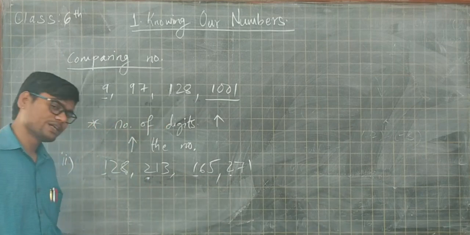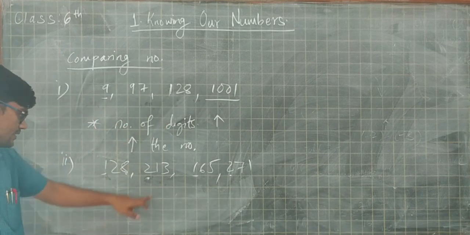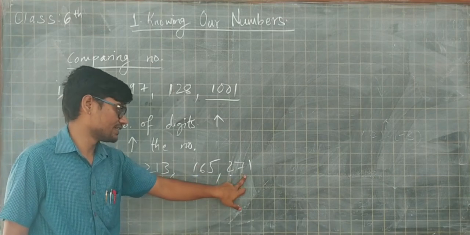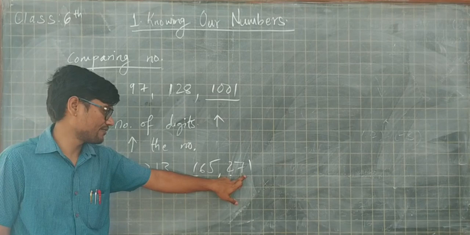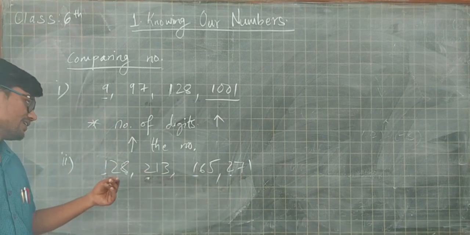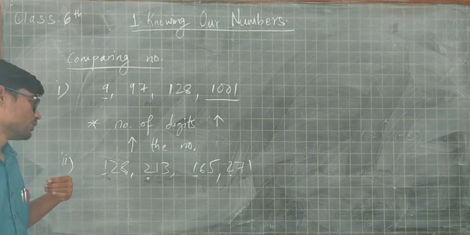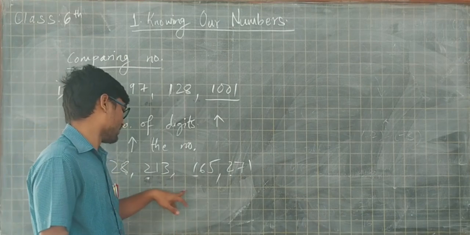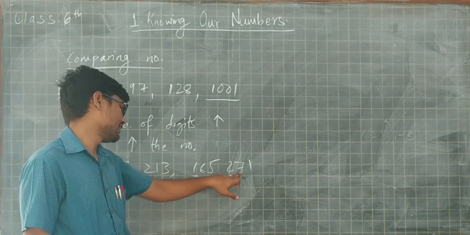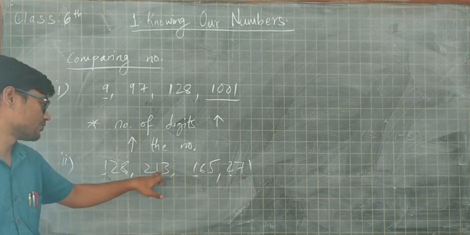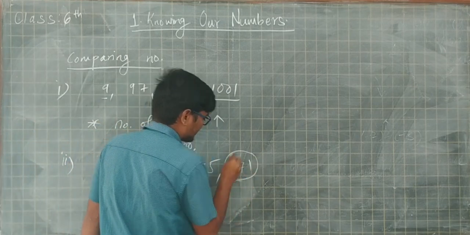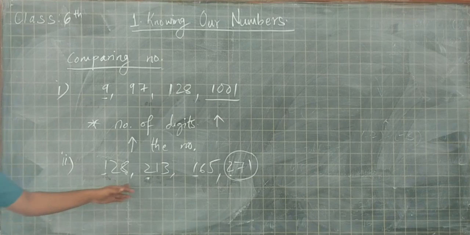So what can we do? We can move to the next digit. The digit at tens place here is 1 and here at tens place is 7. So greater the digit at the greater place value, greater will be the number. We can clearly tell that 7 is greater than 1. Therefore 271 is the greatest number among these four numbers.